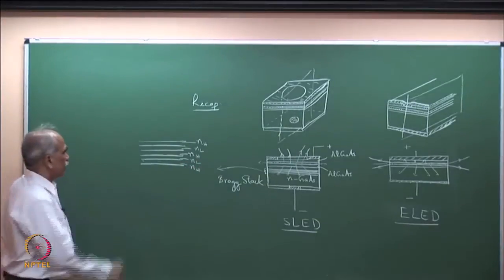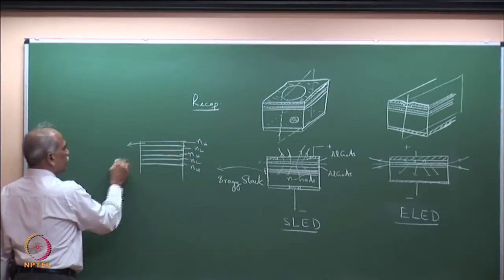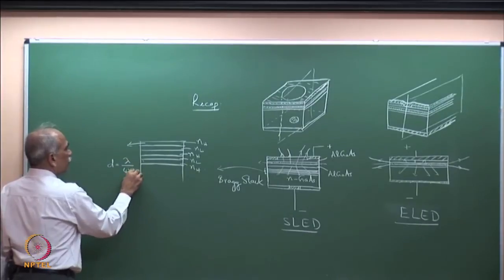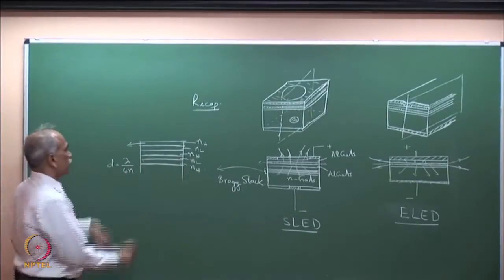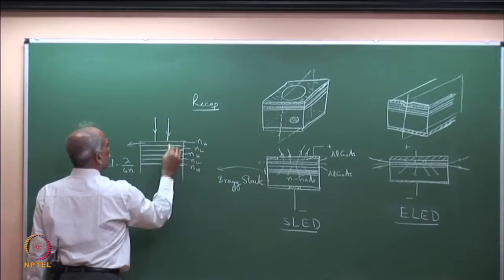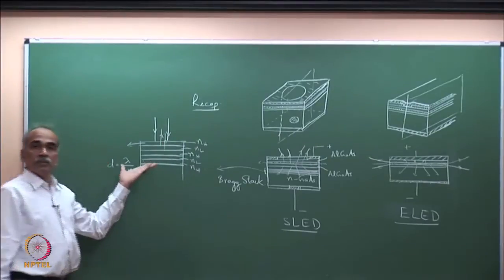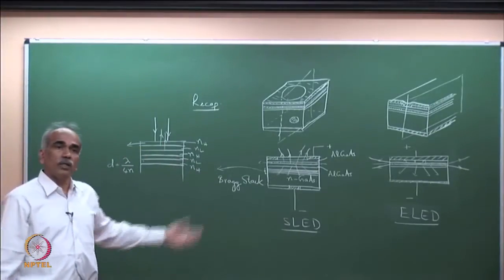You know that such a structure, if chosen properly, that is if you choose the thickness d equal to lambda divided by 4N, then it acts as a high reflector. The incident light is reflected back resonantly, as in interference filters.